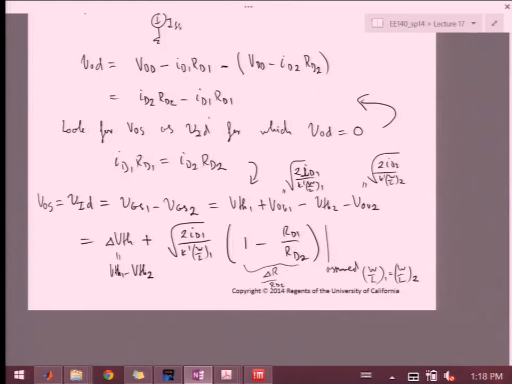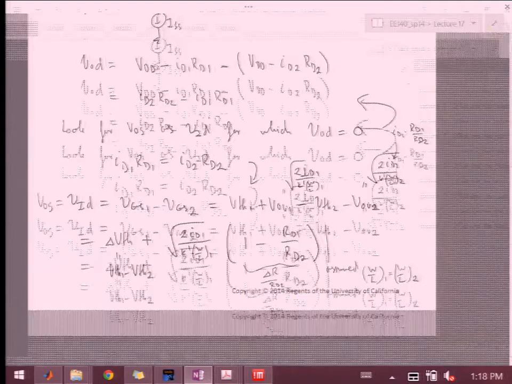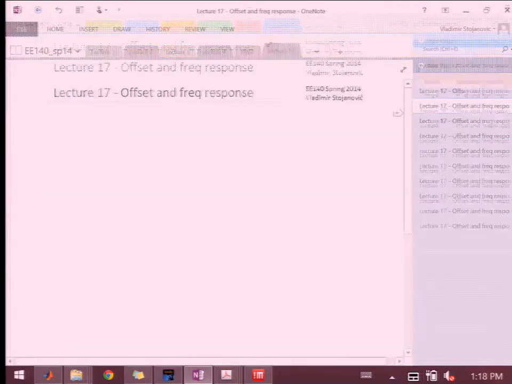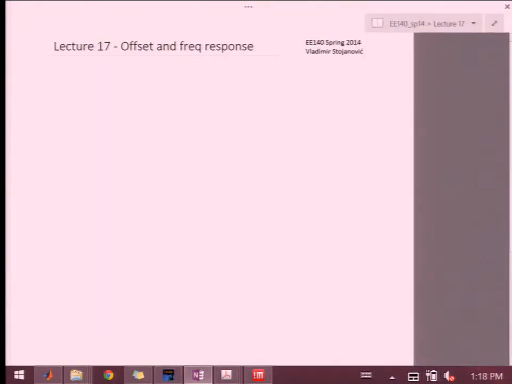If we keep this general and just say that ID2 is ID1 times RD1 over RD2, then we can derive a more general expression.